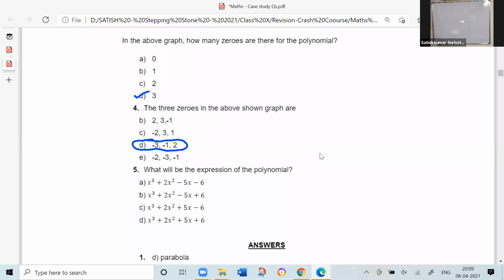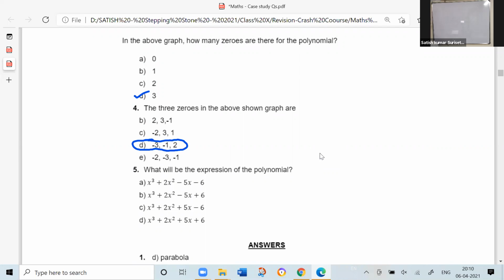So the zeros are -3, -1, 2. Now, what will be the expression of the polynomial? All of you know how to calculate the polynomial when the zeros of the polynomial are known. Once you know one zero of the polynomial, you can write the corresponding factor.